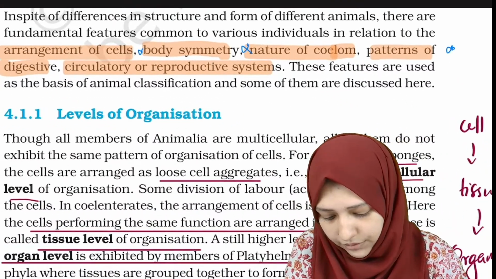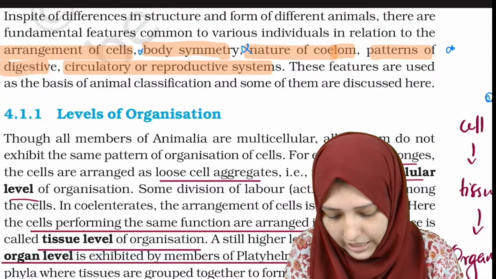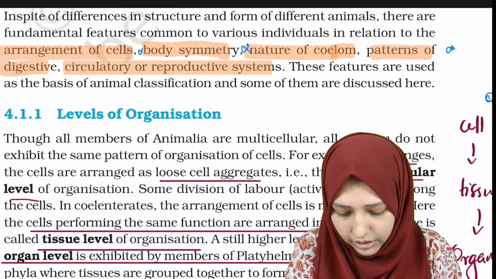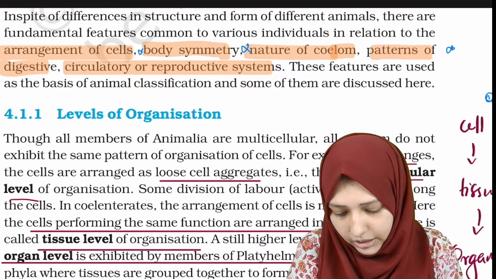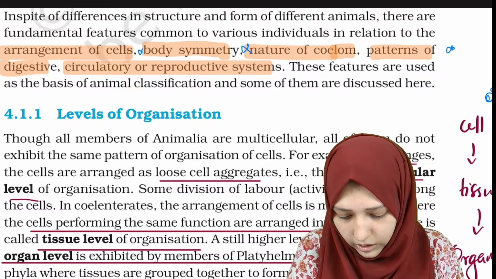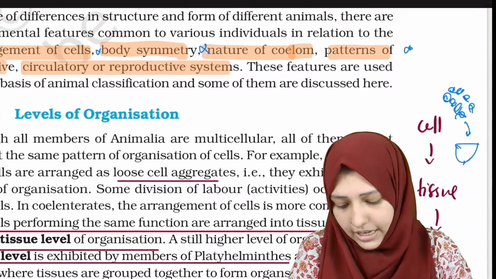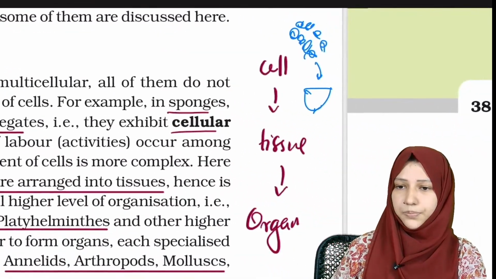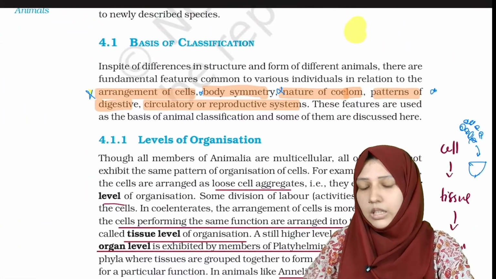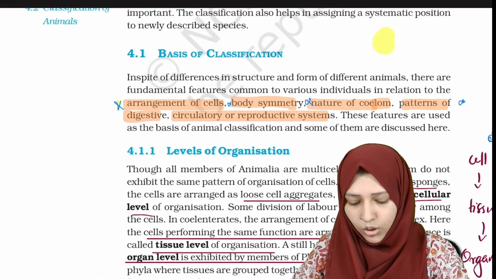So the arrangement of cells is like this: first there will be a cell. When the cells are arranged together, they form tissue, and when the tissues are arranged together, they give rise to an organ. It is cell to tissue, tissue to organ.